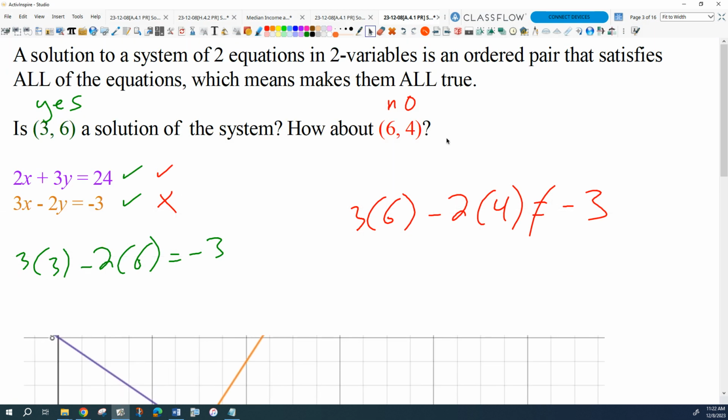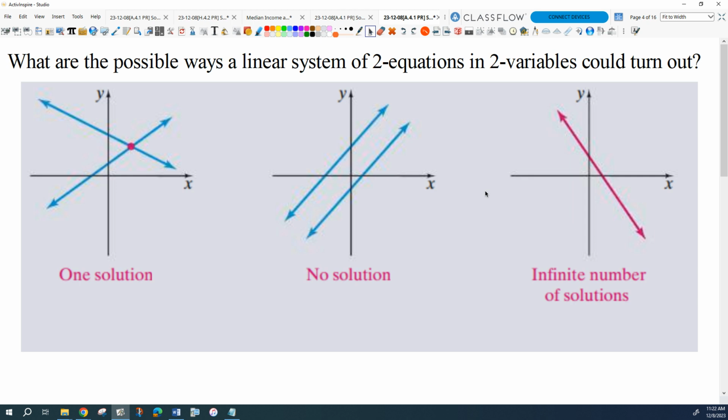So you got it. That's one of the three types of ways that two lines in a system could interact. One possibility is that we get two different lines that must intersect at a single point. Wouldn't you agree that two different lines can only, at the most, intersect at one point? Okay, well, there it is. There are two different lines that intersect at a single point, so that linear system has one solution only.